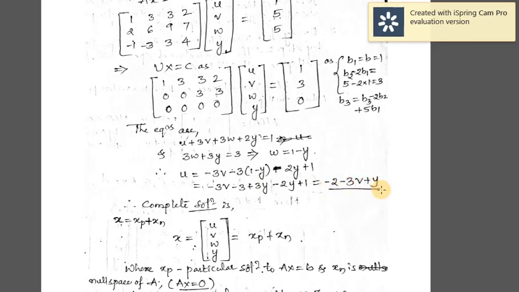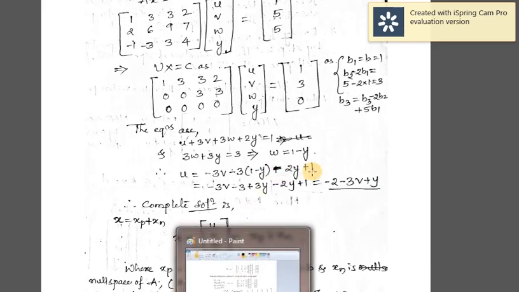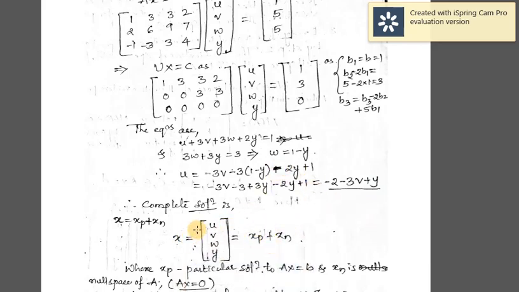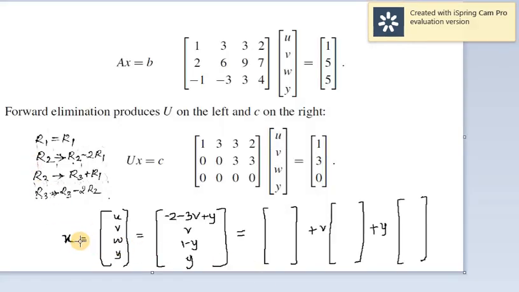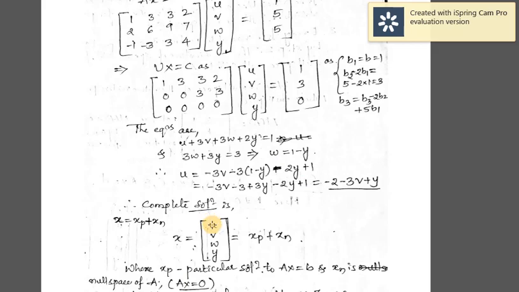Now let's write this using x equals u, v, w and y. And we know that x is the sum of the particular solution and the null space solutions, or special solutions. Let's elaborate what the special solution and the particular solution are. So x equals u, v, w and y, where the value of u is minus 2 minus 3v plus y.